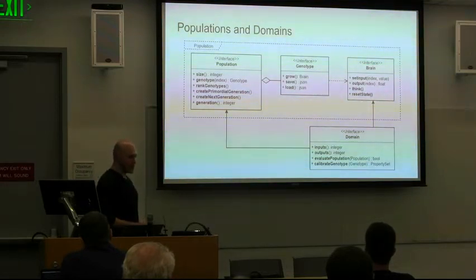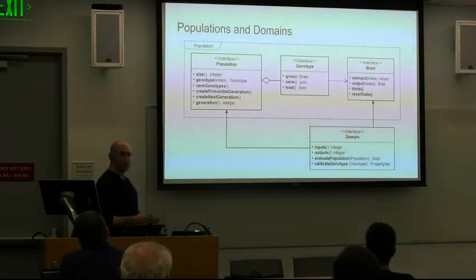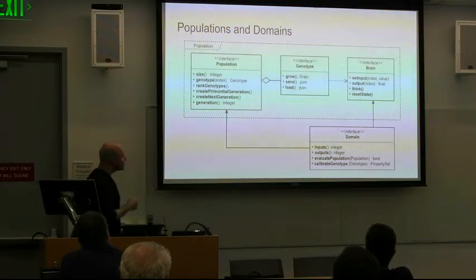You can do it by measuring a route length, or it can be running a simulation to see how well a robot does in an environment. But ultimately, the domain is assigning the fitness to each individual in the population. And the population is a container for genotypes. It's a set of genotypes, like the solution encodings.